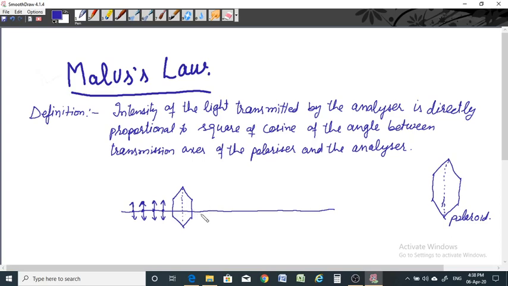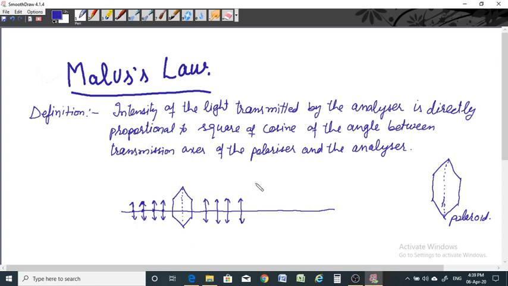It will polarize the unpolarized light like this. Here there is only the component in the plane of the paper, but the component perpendicular to the plane of the paper is diminished.